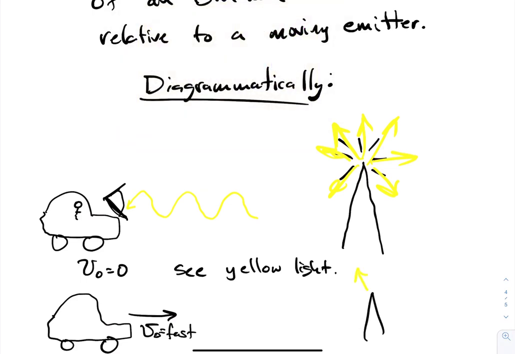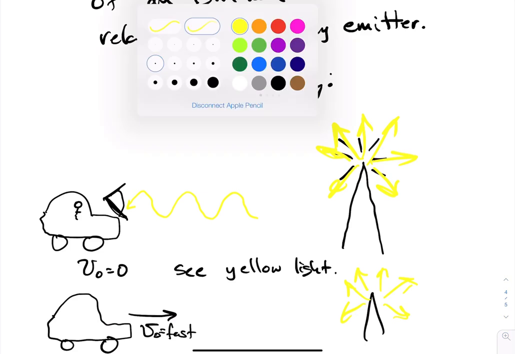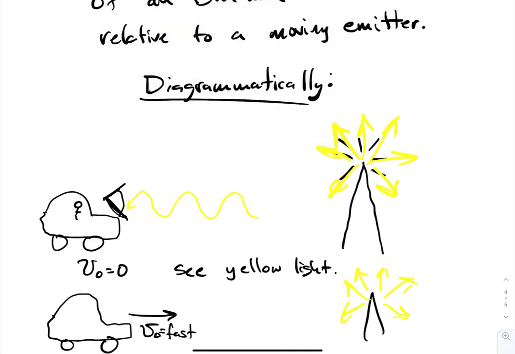Now, the yellow light waves that are hitting the observer, if we're moving fast enough, will seem compressed, meaning they will look like they have shorter wavelengths. Shorter wavelength than yellow, Roy G. Biv, would be green.